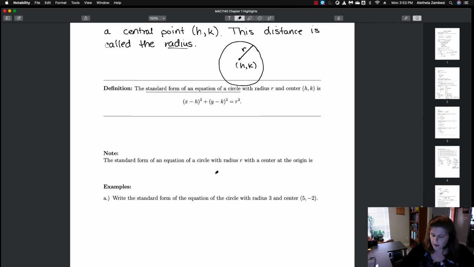And if I want to find the standard equation of a circle with its center at the origin, that means my h and k are both equal to 0.